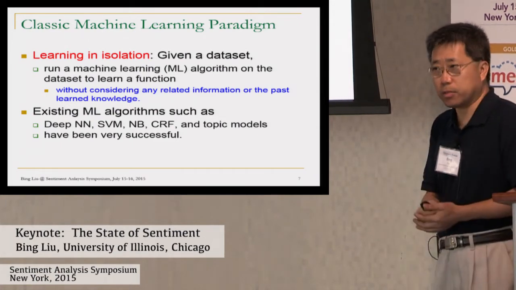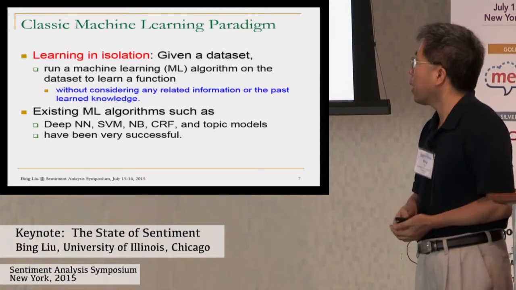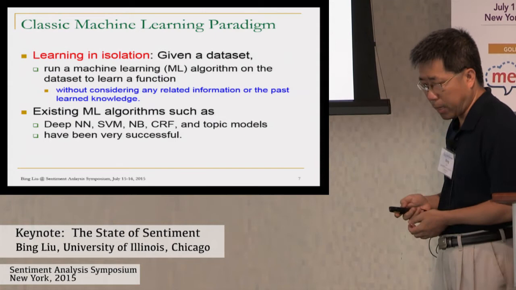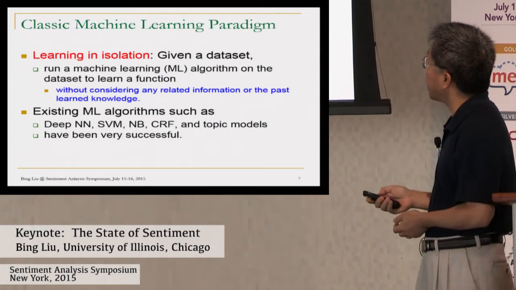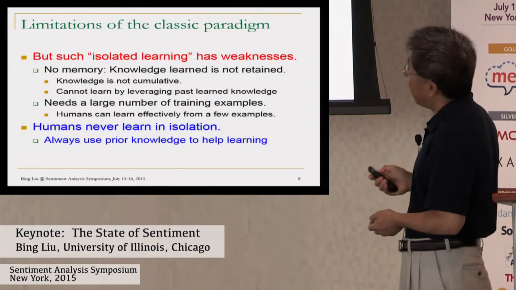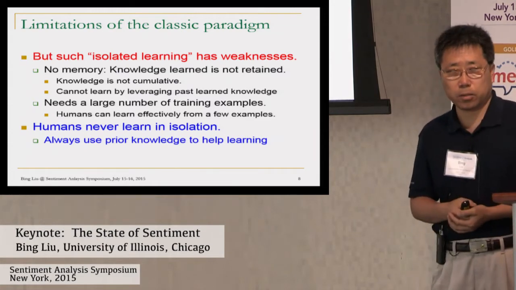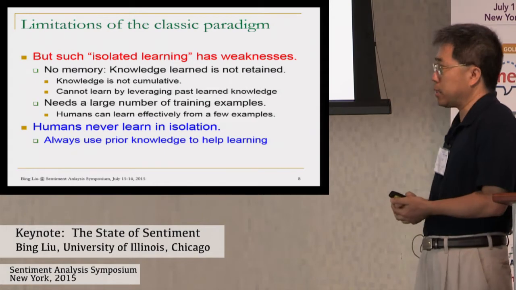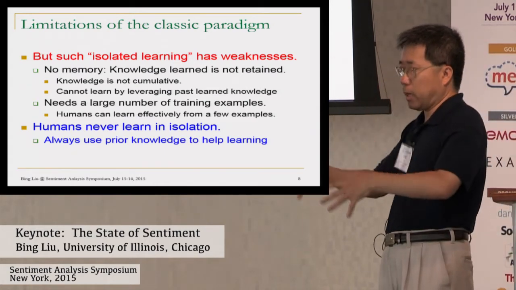They have been very successful in all kinds of areas, including sentiment analysis, and lots of research and lots of applications are using this technology. However, this has weaknesses. The key thing is there's no memory. It basically says, I'm just doing this thing and that's it.